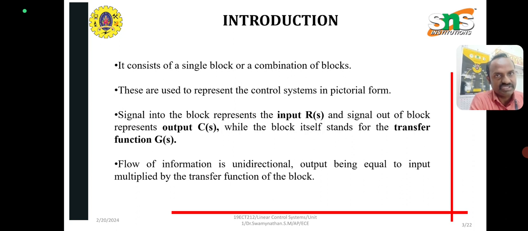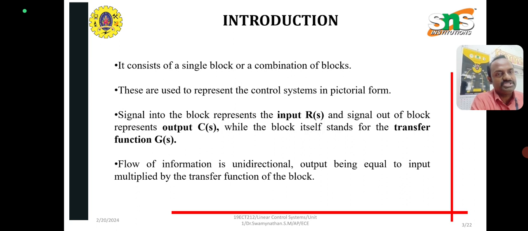In the introduction, a block diagram consists of a single block or a combination of blocks that is used to represent the control system in a pictorial form. Input is R(S), output is C(S), and the transfer function is G(S). So G(S) equals output C(S) divided by input R(S).